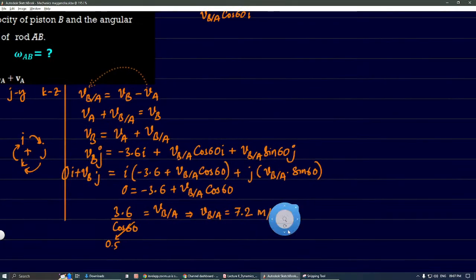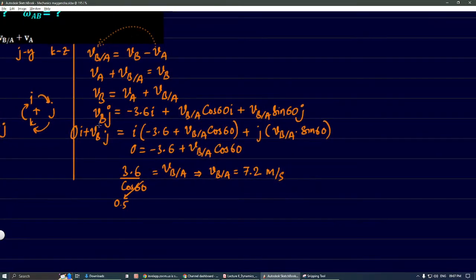Next we have to compare the coefficients of j. What is the coefficient of j on the left side? That is just VB. What is the coefficient of j on the right side? VB with respect to A into sine 60.